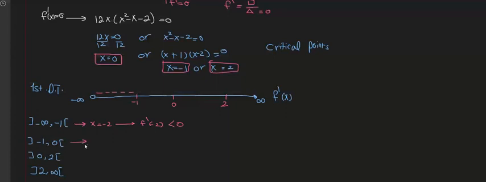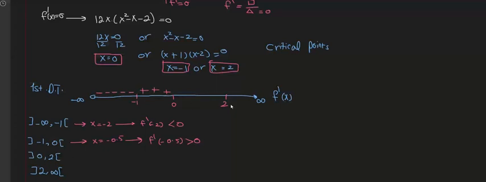Here, let's pick a point in this interval from -1 to 0. Oh, this is very tiny. Let's get x equals -0.5 or -0.1 or -0.9, any point after the -1 and before the 0. So f dash at that point is going to be positive. So we will indicate this in the interval.